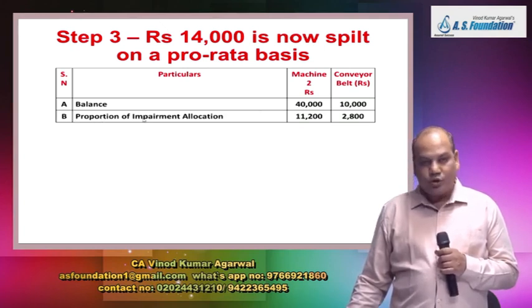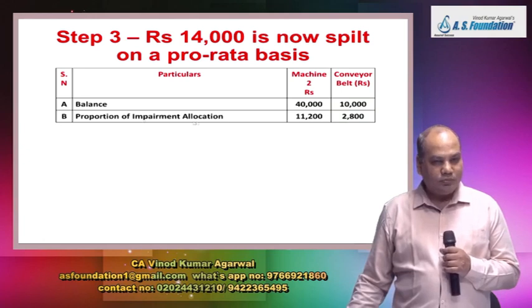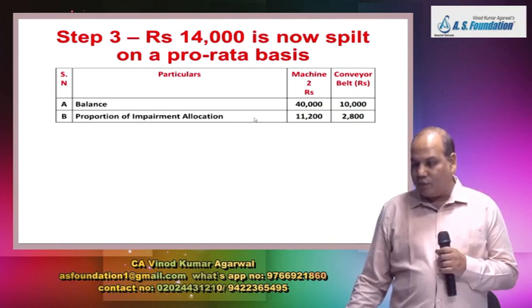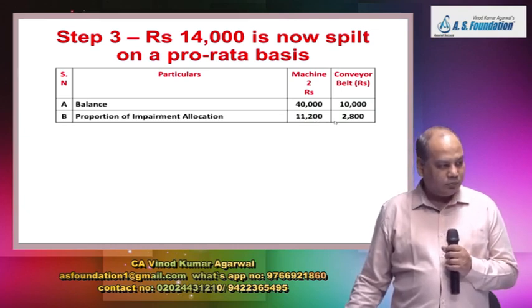Point number B, proportion of impairment allocation, in bracket 4:1. 14,000 in the ratio of 4:1: 11,200 and 2,800.